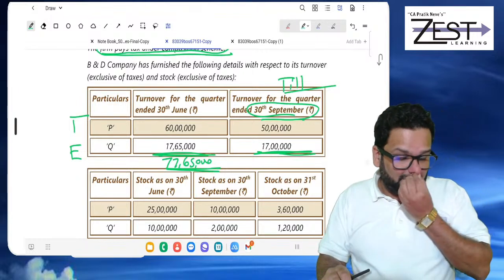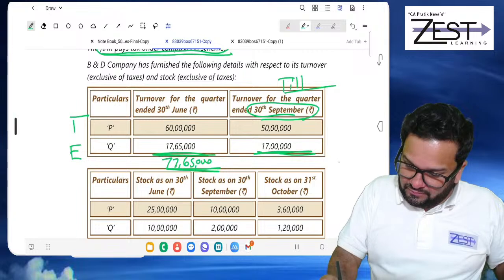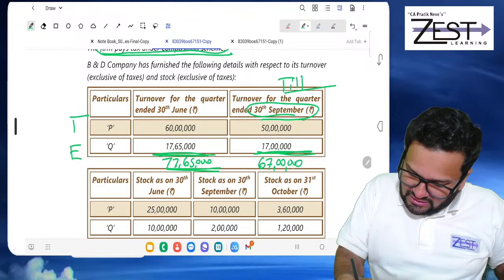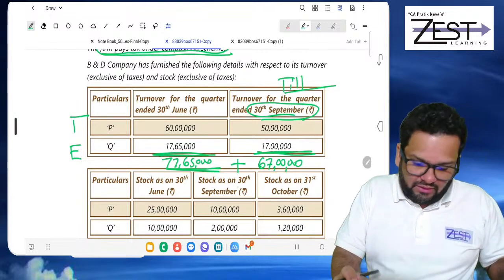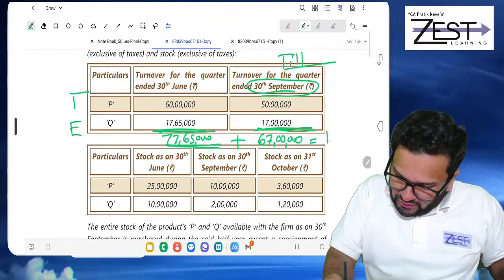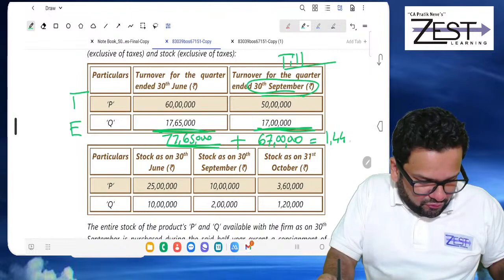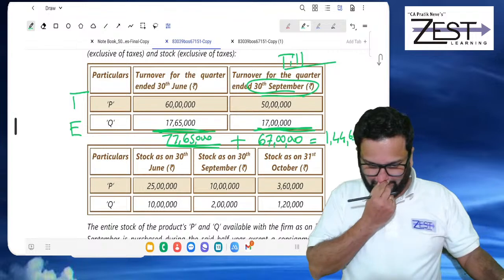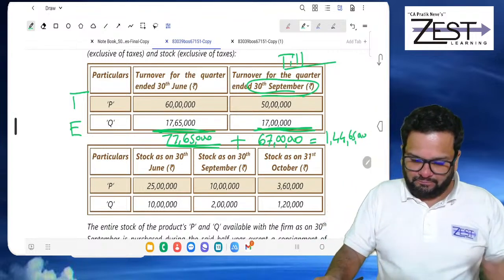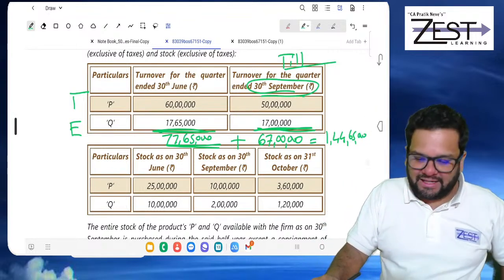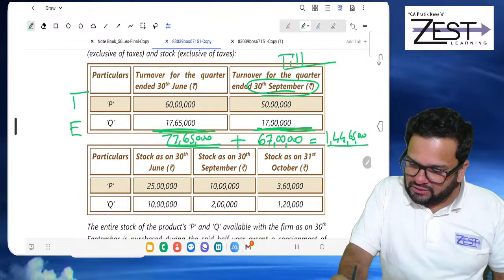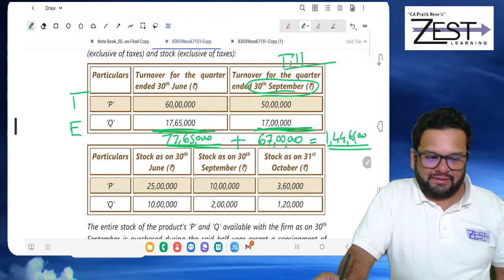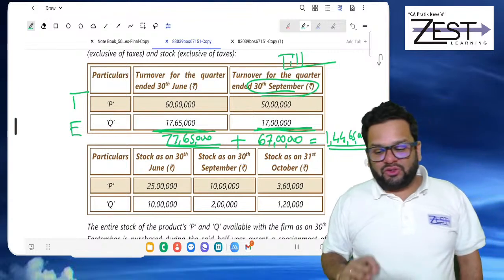Can you tell me, are you getting 67 lakhs for this, and if you take both, the total, are you getting 1 crore 44 lakh 65,000? Are you getting that? 1 crore 44 lakh 65,000. So still you are in the composition scheme.